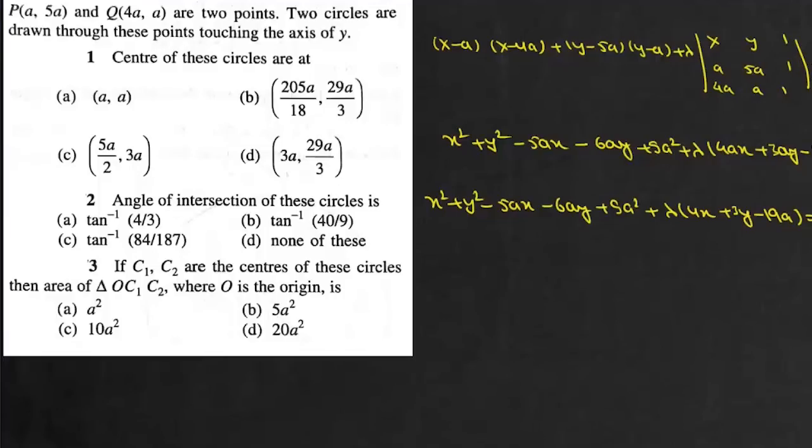Now from this family of circles, we need to find a circle which touches the y-axis. Now if it touches the y-axis, then the y-axis intercept is 0. So we'll find its point of intersection with the y-axis, and for the y-axis we'll put x as 0.